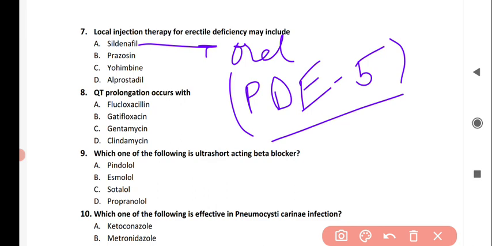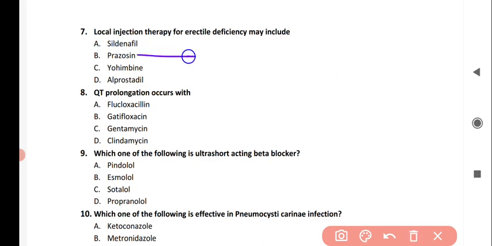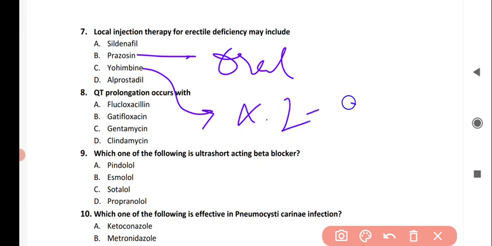Then if I talk about prazosin, it is an antihypertensive alpha blocker, and it is also given in oral form. Then yohimbine is an alpha 2 adrenergic blocker, also used as a mydriatic and in the treatment of impotence or erectile dysfunction, and it is also given orally.